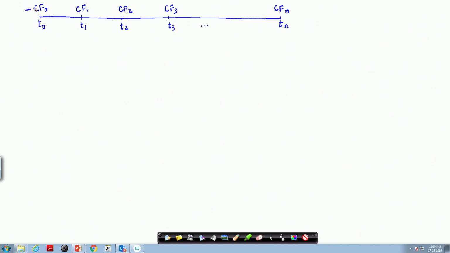In general, the initial cash flow is negative. Essentially what it means is, when you have an initial investment, the initial cash flow can be considered negative and then subsequent cash flows are positive.